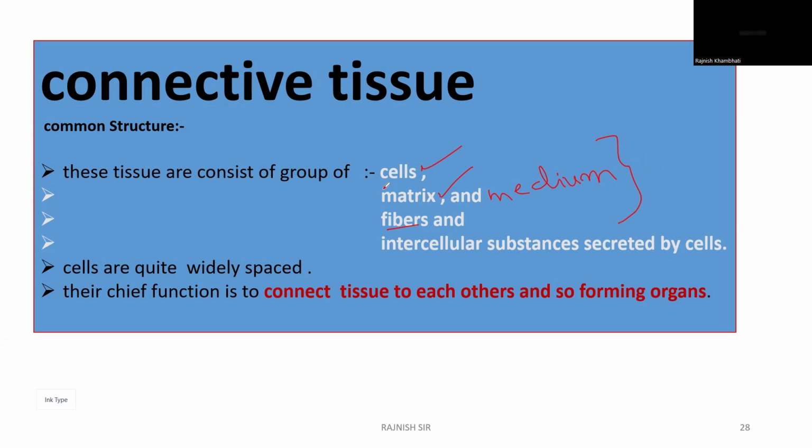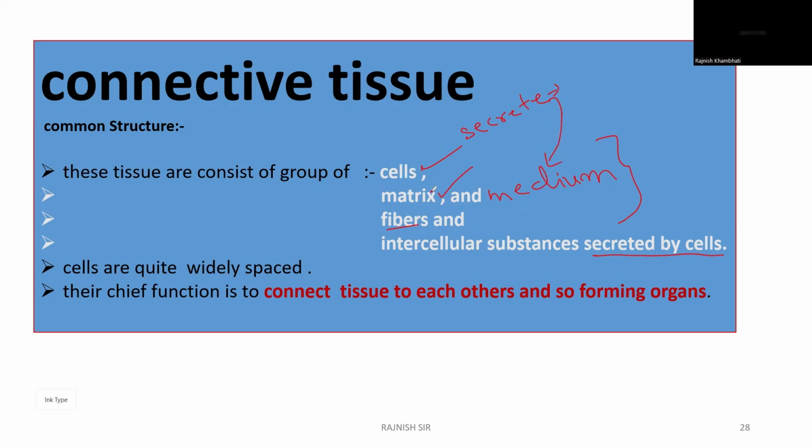Fibers and intercellular substance are secreted by cells. This is the point you need to understand: the cells present in connective tissue secrete material, which will make the matrix medium or the fibers.